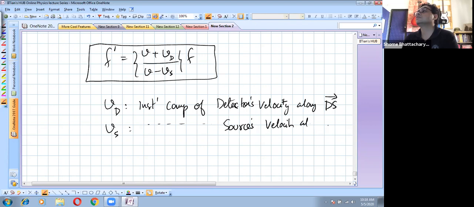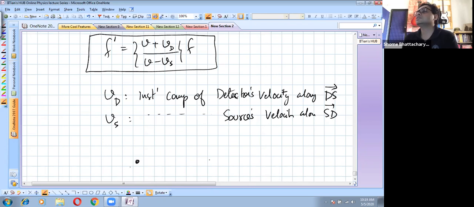along this line. Okay. So if you have a general situation where the source is here, the detector is here. Now, if the source is moving with, let's say, some velocity like this and an angle alpha like this, and let's say the detector is moving with some velocity like this, an angle beta like this from this line.